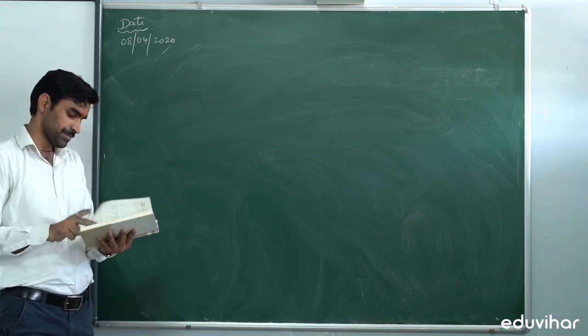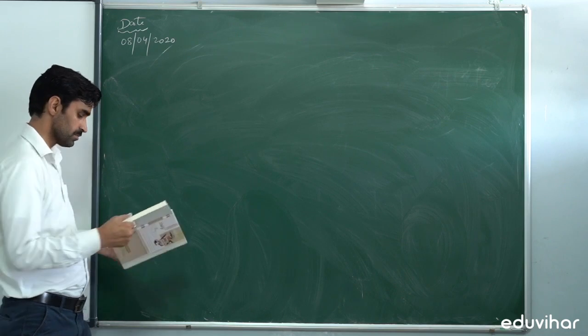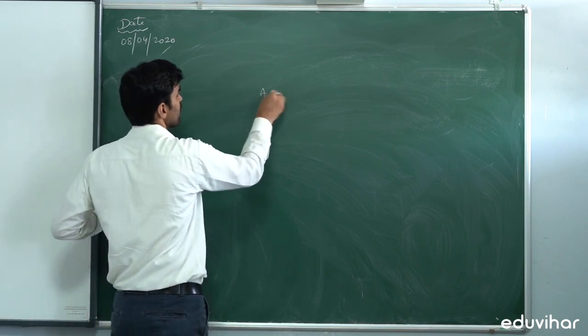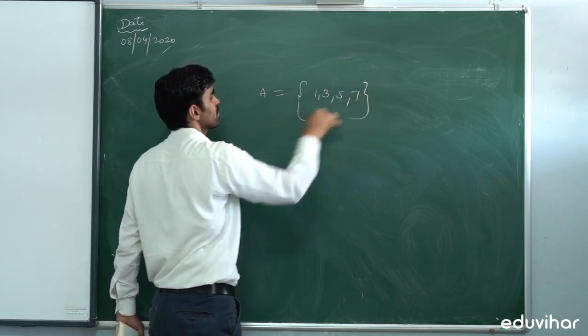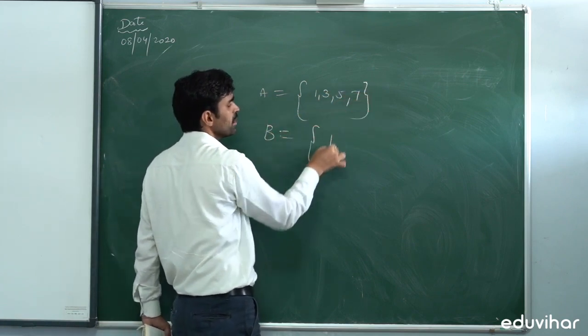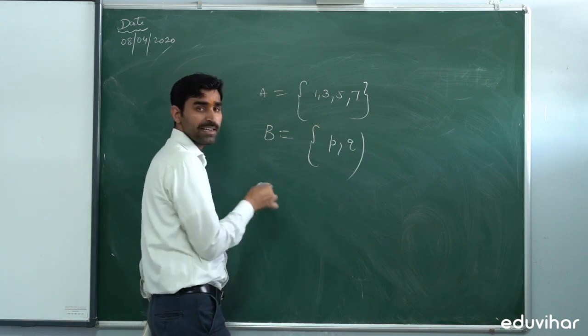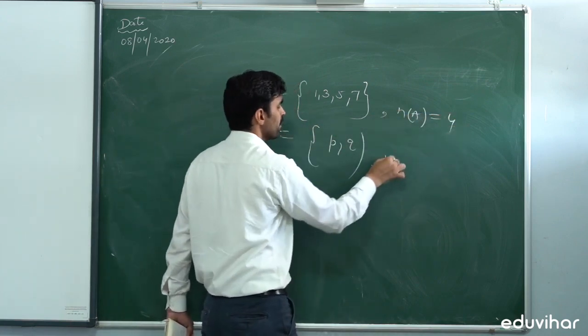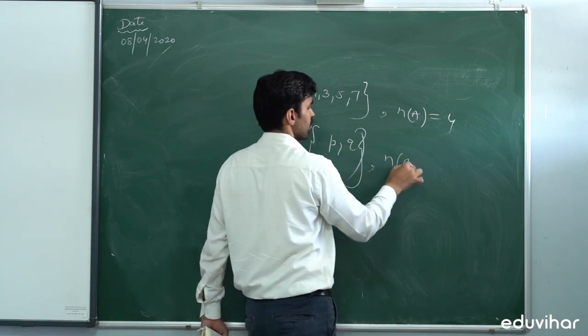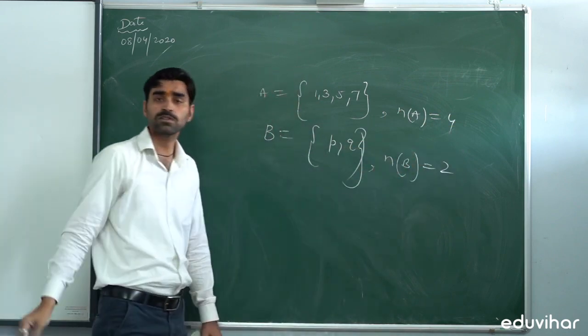Consider an example. Set A has 4 elements, 1, 3, 5, 7, and set B has only 2 elements. Here the number of elements in set A is 4 and in set B is 2.